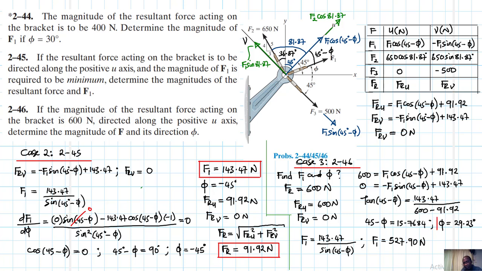So this is our phi, and then this is our F1. The question must have read F1, not just F. Okay, I think this is about it. Again, this is another way of solving it by changing the axis, but you can still work it out using the normal axis, the x and y.